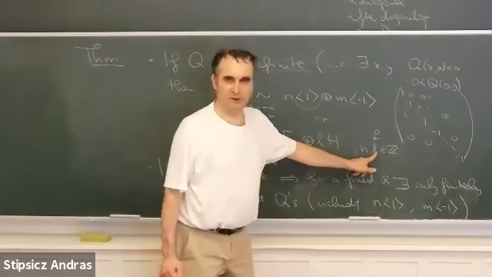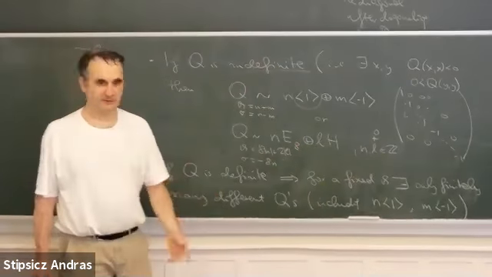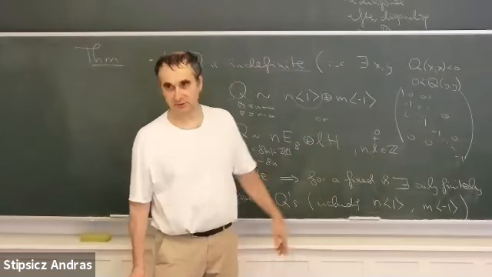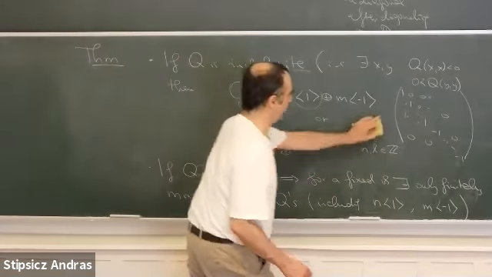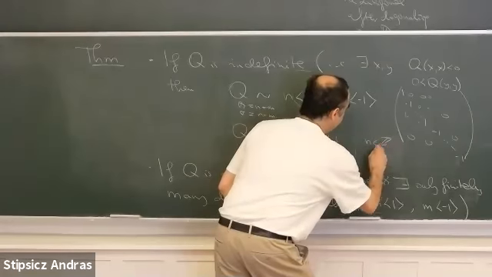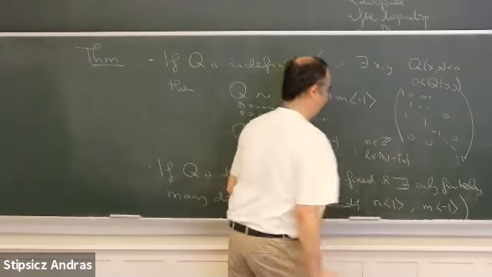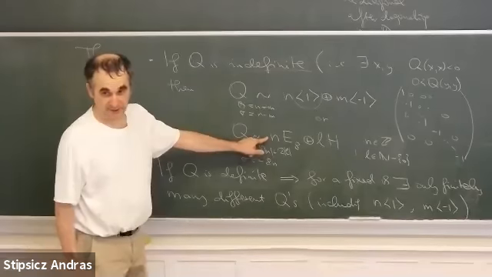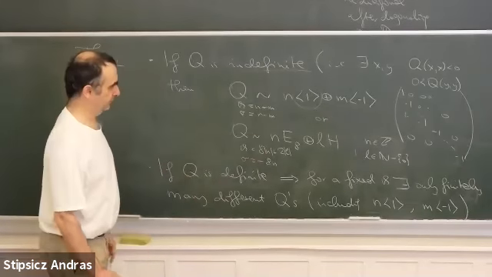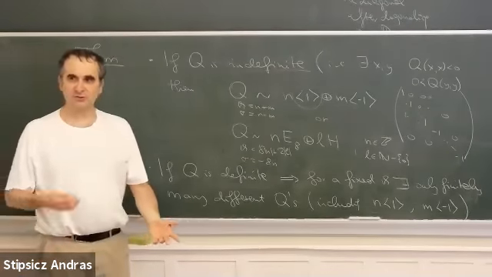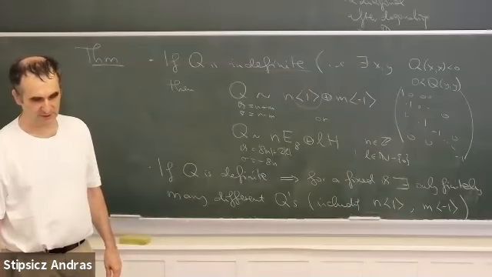So L you can always take to be positive, but N you might not. And if you put a minus in front of E8, you just change all the signs of the matrix. So E8 or minus E8 is the same. It doesn't make a difference.